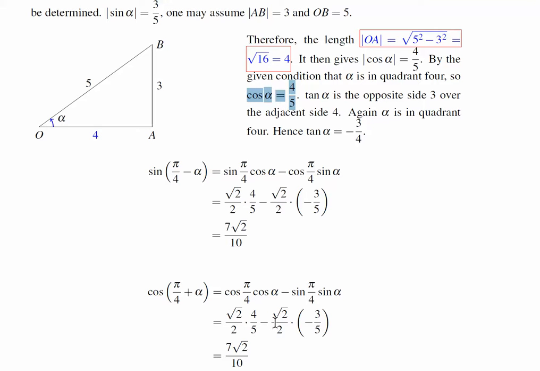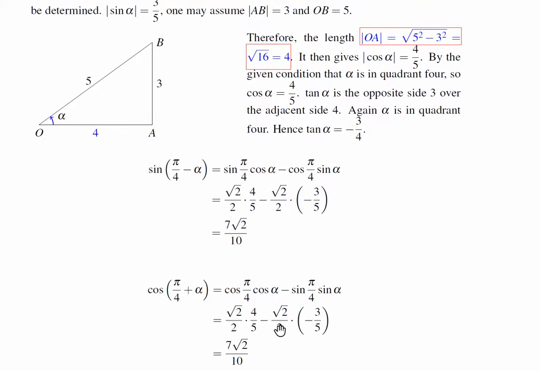Sine pi over 4 is radical 2 over 2. And sine alpha again is given, negative 3 over 5. So 2 times 5 again is 10. So denominator is 10. And then minus, minus, we get plus. So then we have a 3 radical 2 plus 4 radical 2. We got the same value, 7 radical 2 over 10. They are equal.